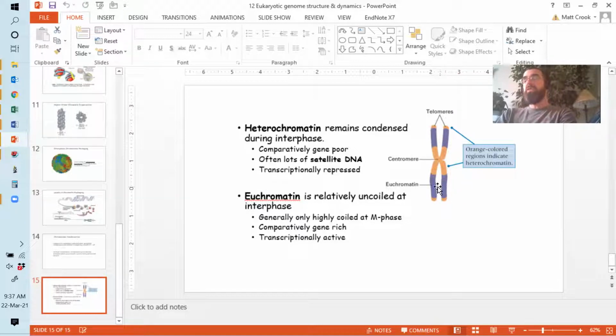And most of the genes are found on the arms of the chromosome. If you remember back to when we were talking about linkage, how map distance was not the same as physical distance, again, that kind of comes back to that issue as well.